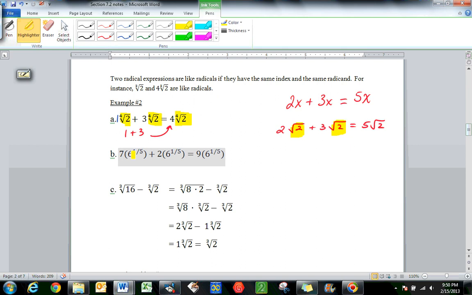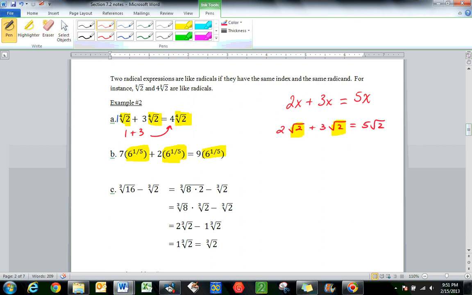But really, you need to recognize first and foremost that the two parts that are being multiplied to the 7 and 2 are actually the same. And so we can simply add the 7 and the 2 together to get 9 and carry the common expression with the rational exponent that's the same. So 6 to the 1/5 in this case is identified as a common term, or like terms.